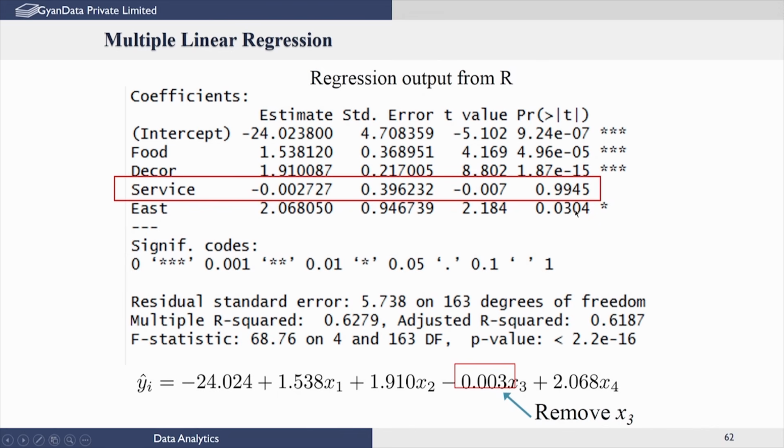If you look at the east, which is this independent location parameter, that does not have a very low p value, but it is still not bad, 0.03, and therefore it is insignificant only if you take a level of significance of 0.025 or something like that. If you take 0.1 or 0.05 and so on, you will still consider this east coefficient to be significant, okay, and that is what the star indicates.